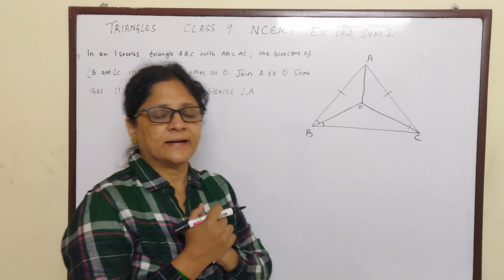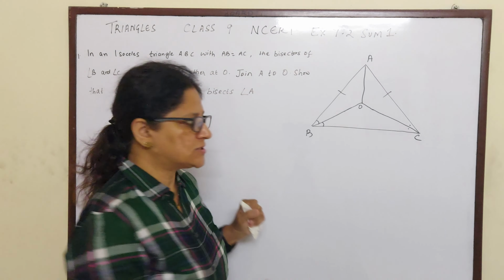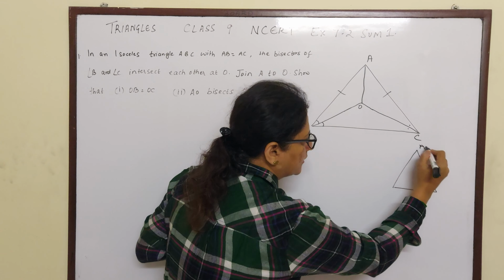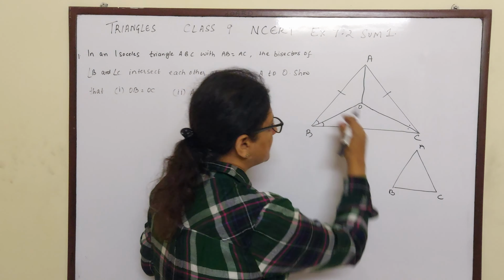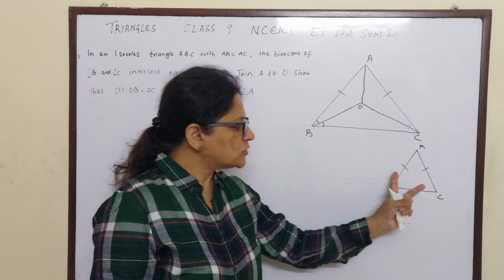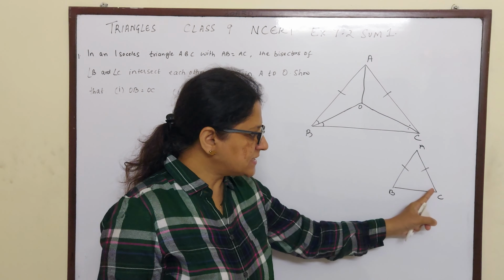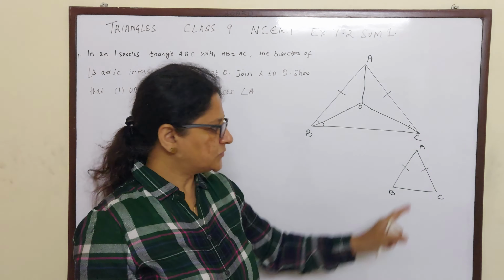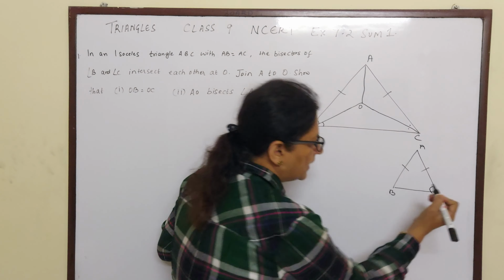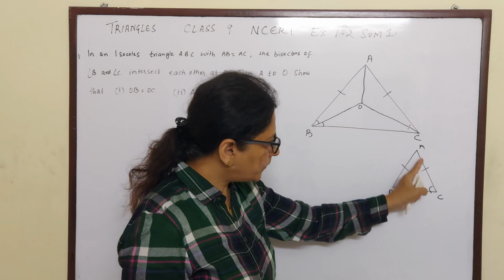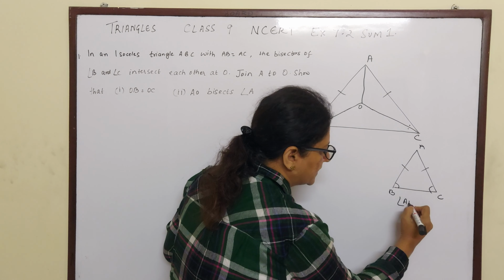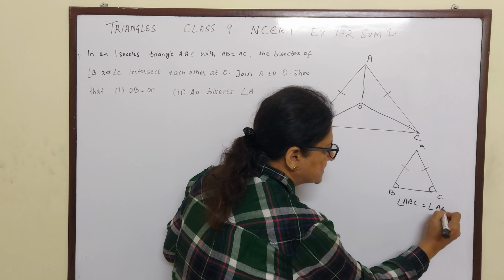So now children, understand a basic concept in an isosceles triangle. If two sides are equal, okay. Now they are telling us ABC is an isosceles triangle with AB equal to AC, which is given. So when two sides are equal, their opposite angles will also be equal. So what is the angle opposite to AB? It is C. And what is the angle opposite to AC? It is B. That means angle ABC is equal to angle ACB.